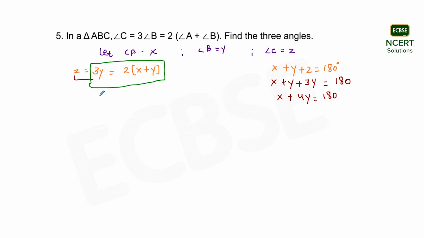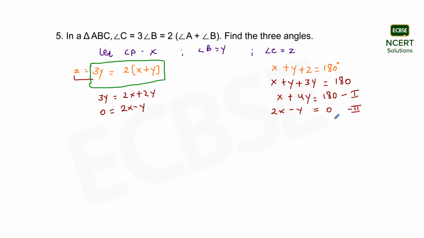Solving this, it will be 3y = 2x + 2y, or 2x - y = 0. So the first equation is x + 4y = 180, and the second equation is 2x - y = 0.